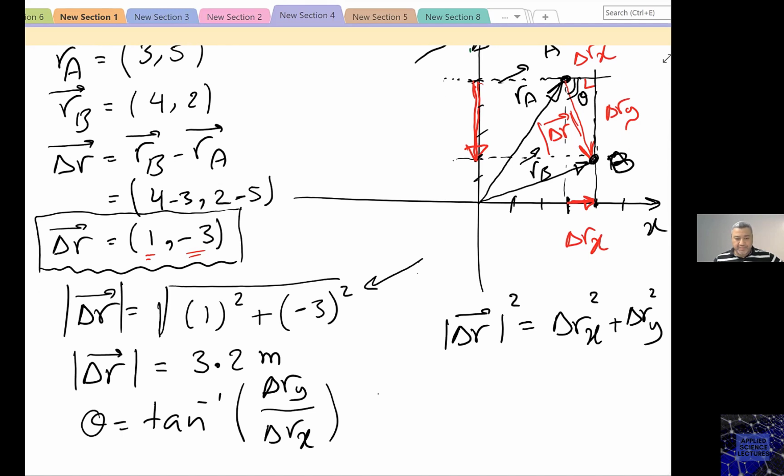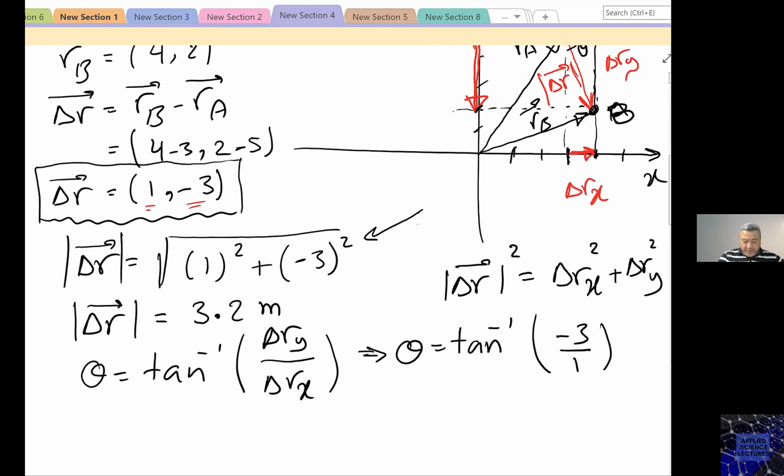So theta is tan inverse of delta ry, the opposite over the adjacent. That's correct. The opposite over the adjacent, which is minus 3 divided by 1, which means that theta is minus 71.6 degrees.